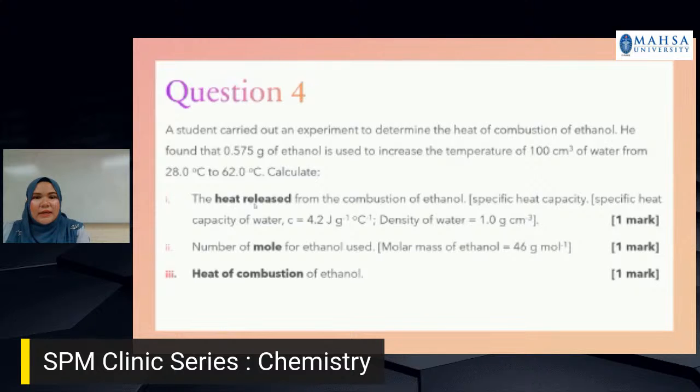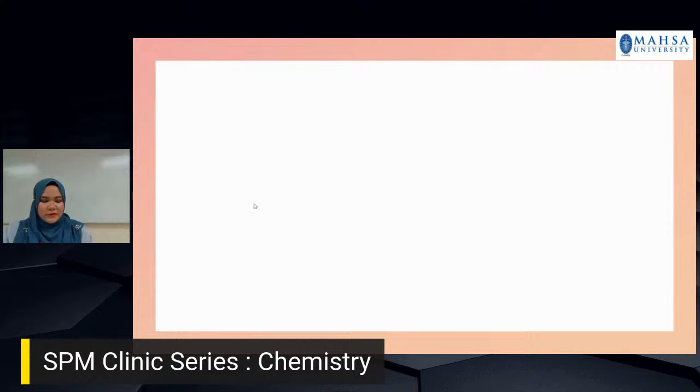So information that we can get from here is, you can see heat of combustion of ethanol, and the mass of ethanol 0.575, and the volume of water is 100 centimeter cube, and the initial temperature will be 28, and the final temperature will be 62. So the question is, you need to find the heat release from the combustion of ethanol, number of mole for ethanol, and heat of combustion for ethanol. So this is the one that you want to calculate.